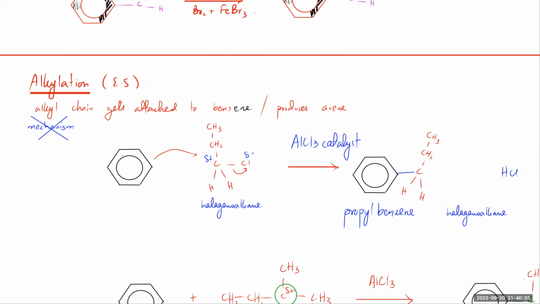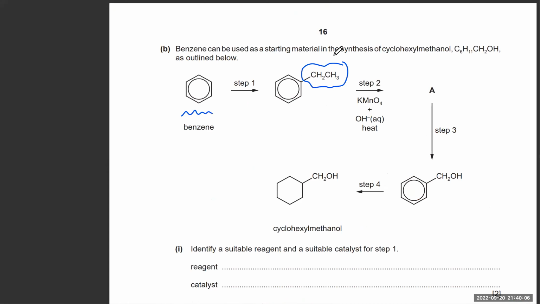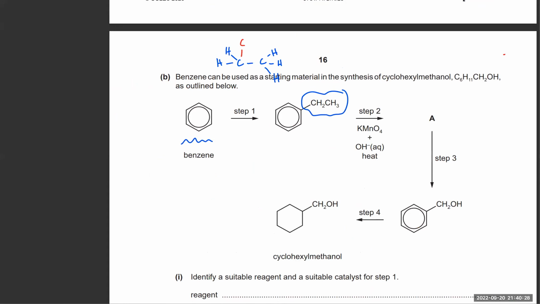So if I go back to the question, if I want to attach this thing, how do I attach this thing? I'm going to have CH2 and CH3, and I'll have a Cl over here.